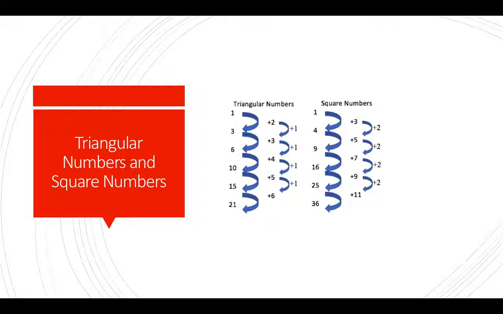If students analyze the pattern this way, they're going to see something very interesting that is kind of hiding. It's surprising, it's unexpected, and it's aesthetically pleasing to see that we have a similar pattern going on here with square numbers. We're not starting by adding 2, we're starting by adding 3, and the numbers that we add to go from square number to square number increase not by 1, but by 2.